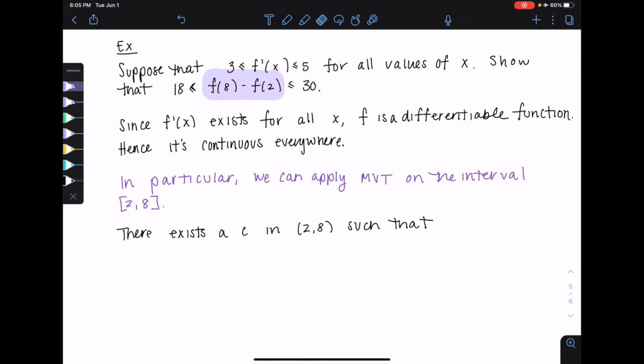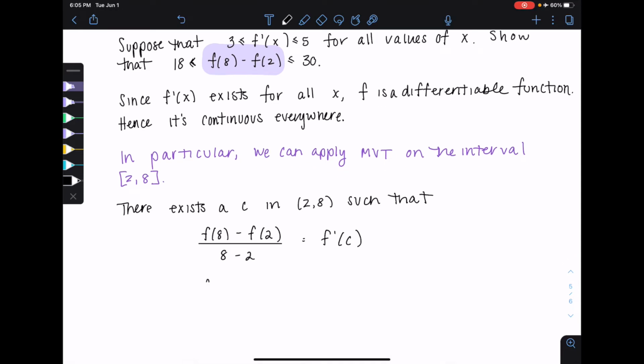And so that tells us there exists a c in the interval 2 to 8 such that the difference of f of 8 and f of 2, over 8 minus 2, will equal the derivative at some value c between 2 and 8. Well, 8 minus 2 is just 6.